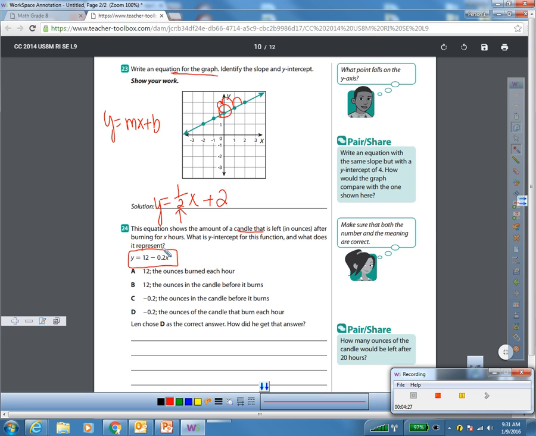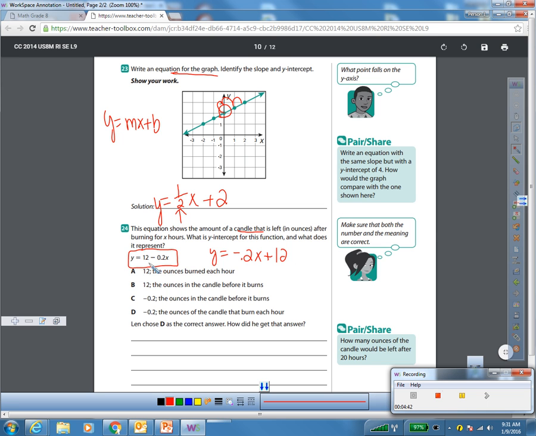And if it bothers you to have it written in a different order and not have the slope up front, you might want to rewrite it. So it looks like this with your slope up front and a positive 12. The candle started out at 12 inches there, or excuse me, 12 ounces.